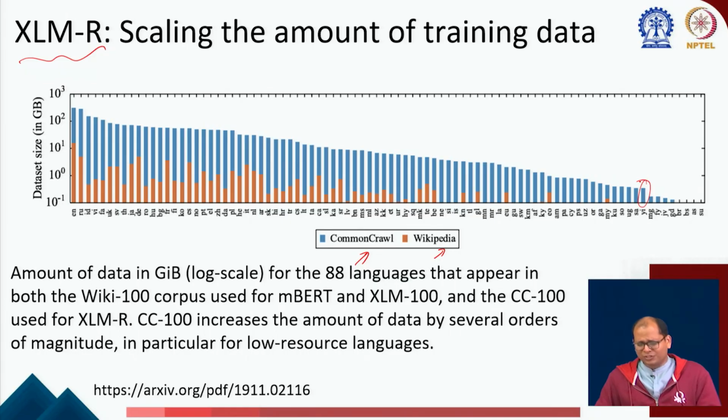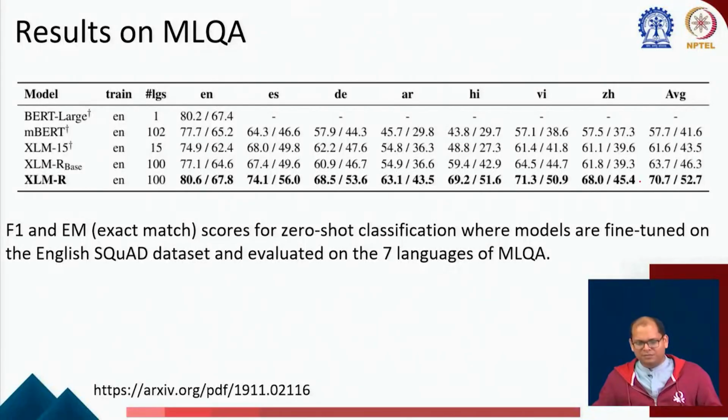So this gave huge data to pre-train the model, and that's why XLM-R became very popular. It gave huge performance improvements over even BERT, large MBERT, and so on. Across languages, you see average improvement over the XLM version we talked about and MBERT we talked about was quite high, right? Even for zero-shot classification, where models are fine-tuned on an English dataset and they are directly evaluated on other languages.